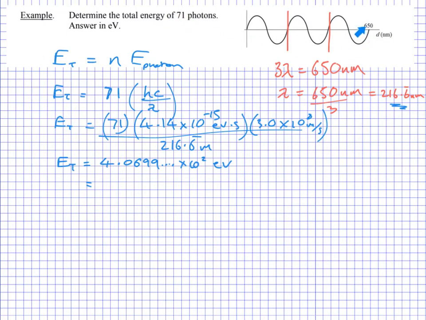So it's 3 significant digits, which gives 407 eV. And now I can just do a quick check of my units here. My meters cancel out, my seconds cancel out, and I'm left with eV.